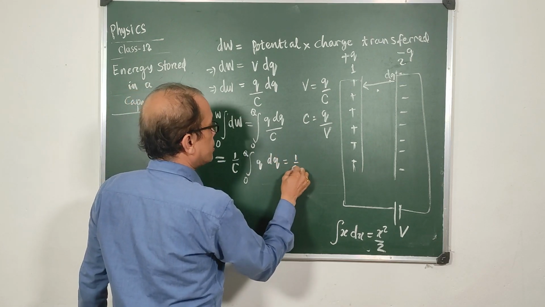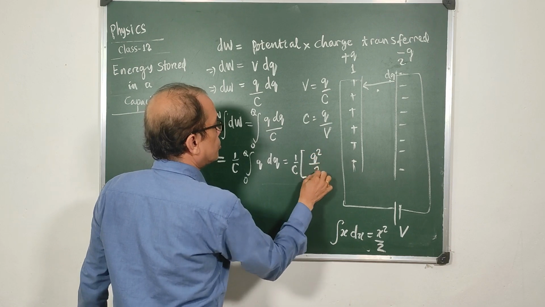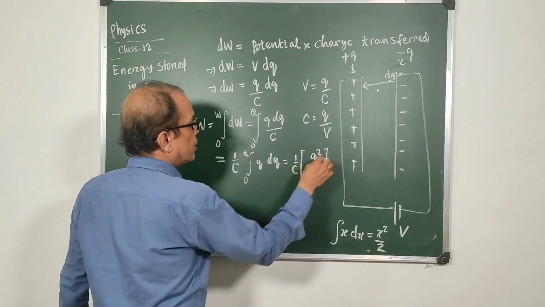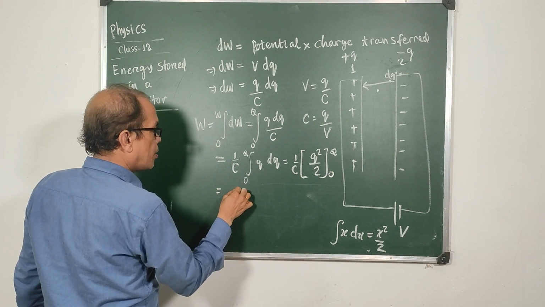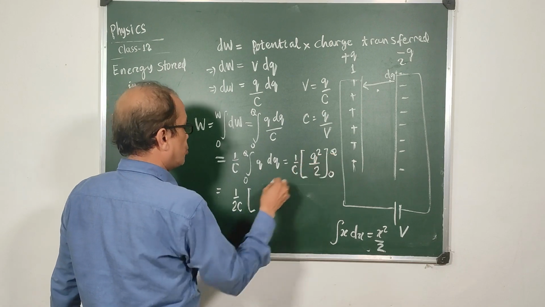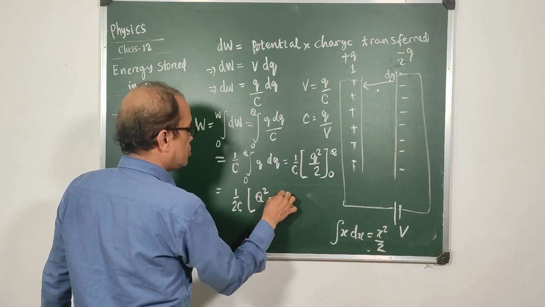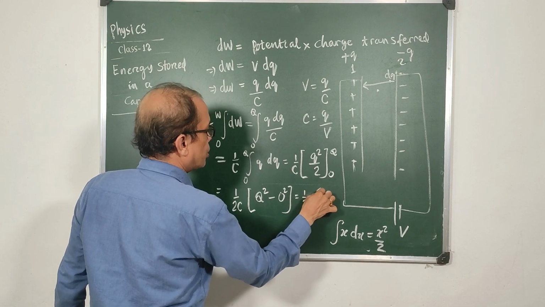So this will be 1 by c, and q dq integration is q square by 2, with upper and lower limits Q and 0. So you get 1 by 2c into Q square minus 0 square, which means 1 by 2c into Q square.